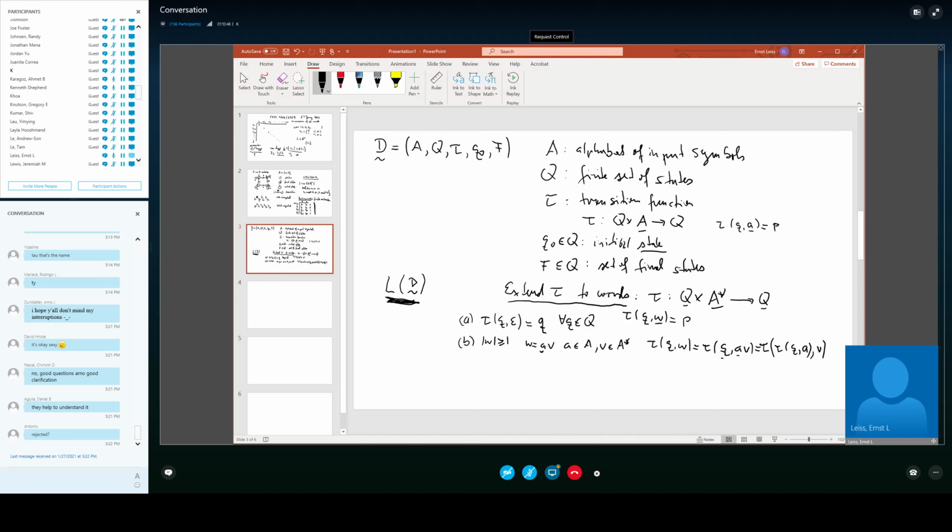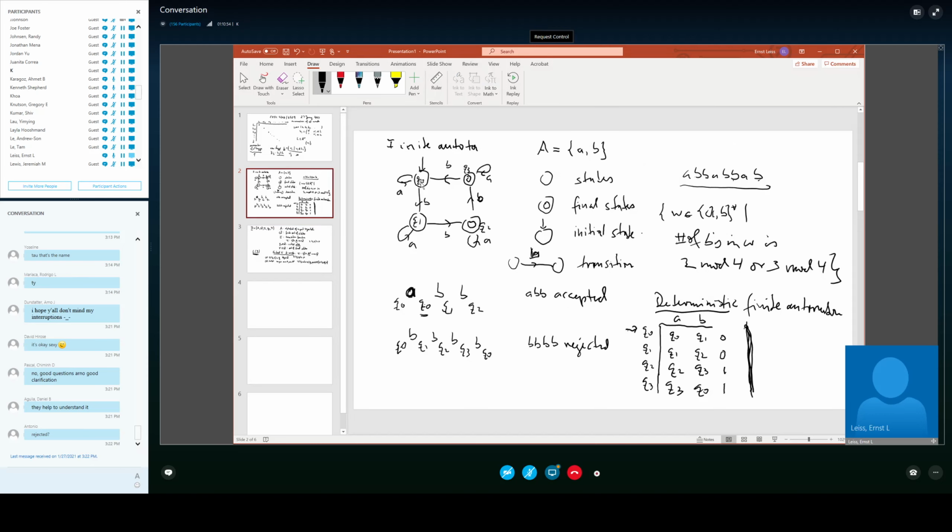And to that we then apply V, the rest of the word, which is exactly what we're doing very intuitively when we trace a word through that state diagram, because we use up the leading letter, and then to the state where we end up, we apply the remainder of the word.